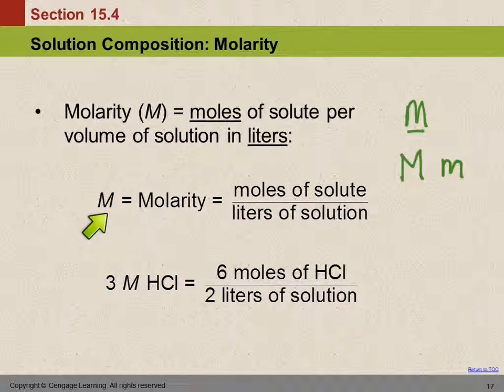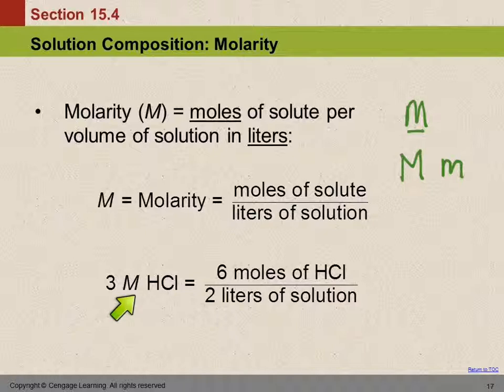So here's another way to look at that. Capital M stands for molarity, which means moles of solute per liter of solution. Not liter of solvent, but liter of the whole solution. So if we see something like this, and you've seen this letter on the reagent bottles in lab, haven't you? And some of you have asked, why does it say 3M on there? What, did 3M manufacture this? That's a company, 3M.